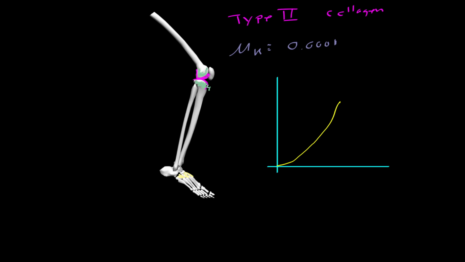Now, we also saw that cartilage has this interesting anisotropic behavior, meaning if you take a little slice of cartilage out, and maybe up here is the joint surface, and then down here at the bottom is the bone. We saw that cartilage up here is pretty squishy, pretty soft, very much has a toe region and this kind of behavior.